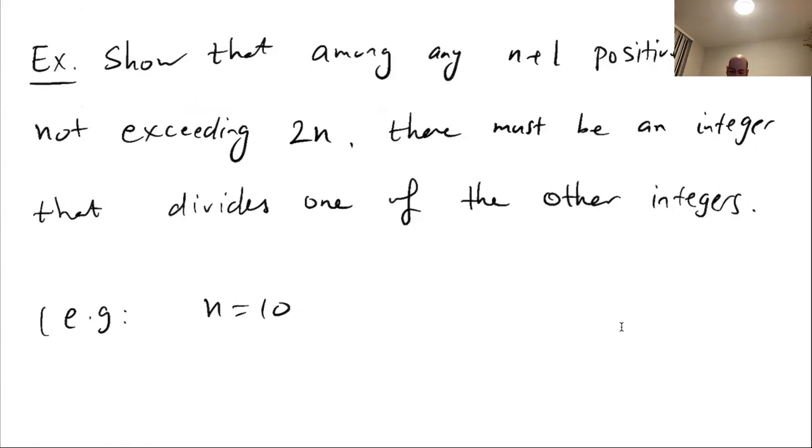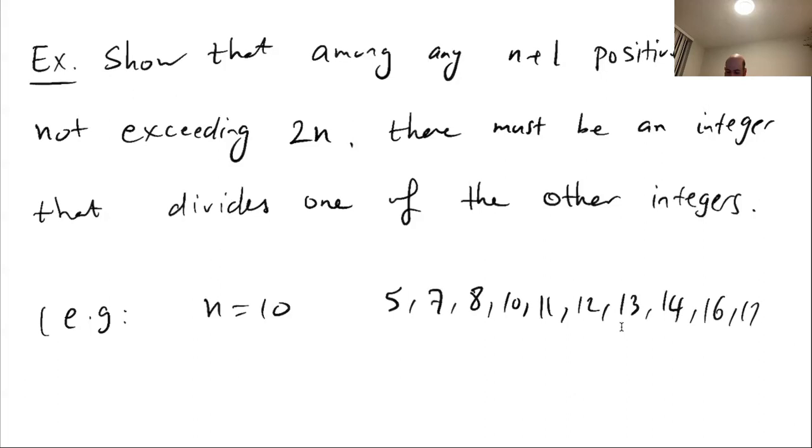For example, if you consider any 11 integers, for example, let's say 5, 7, 8, 10, 11, 12, 13, 14, and let's say 3, 6, 9, 16, 17, 18, how many? 3, 6, 9, 11, yeah. I have 11 integers not exceeding 20, so that's very interesting. Now, one of these integers must divide one other integer.